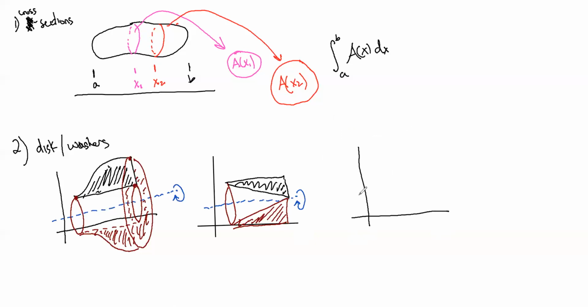If I have something that kind of looks like this, maybe my region looks like this. And if my axis of revolution lines up perfectly alongside here, then notice what I would get when I revolve is this sort of football looking shape.